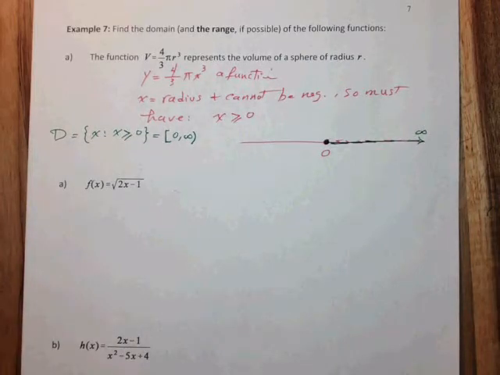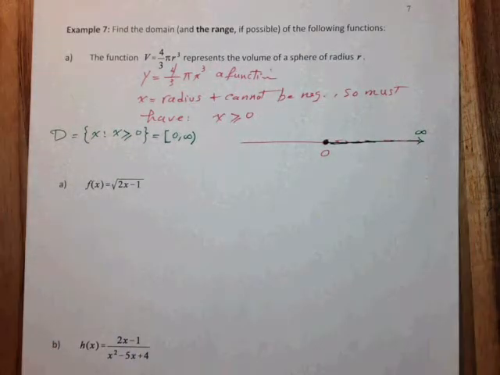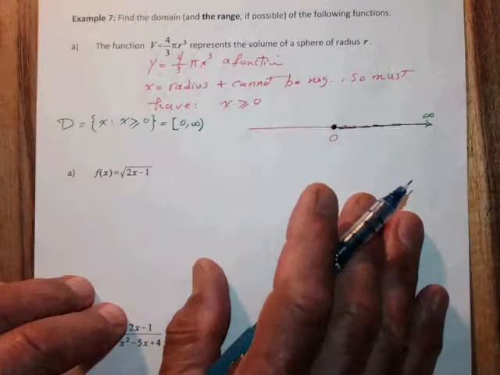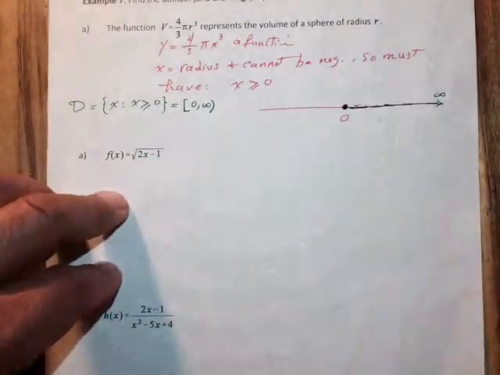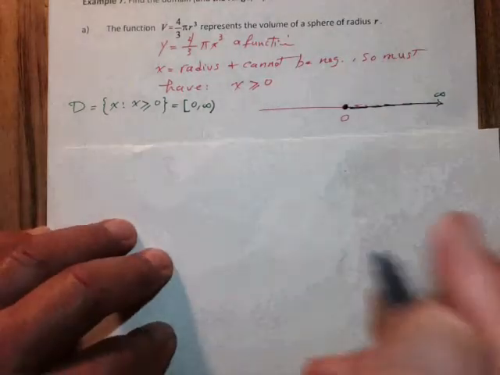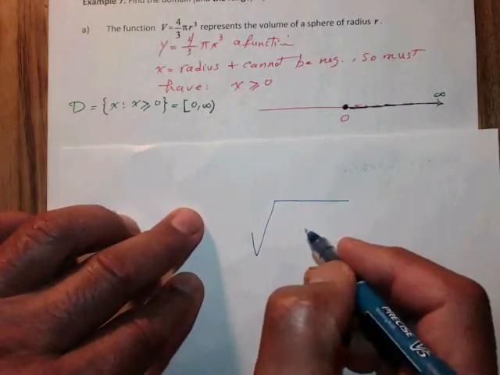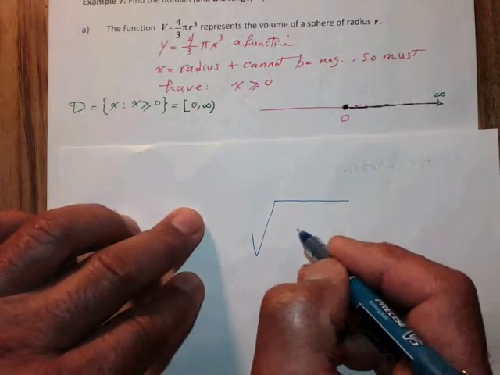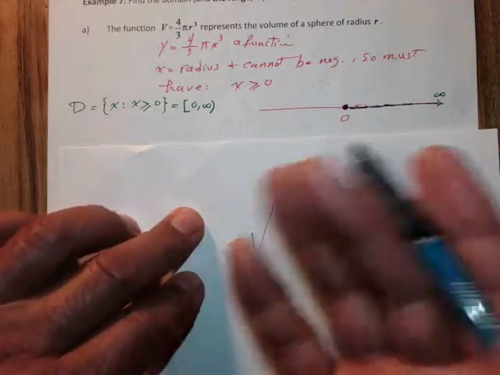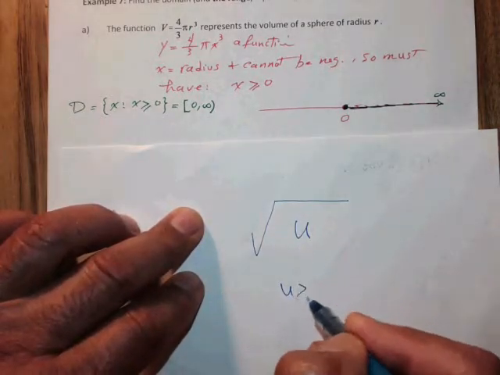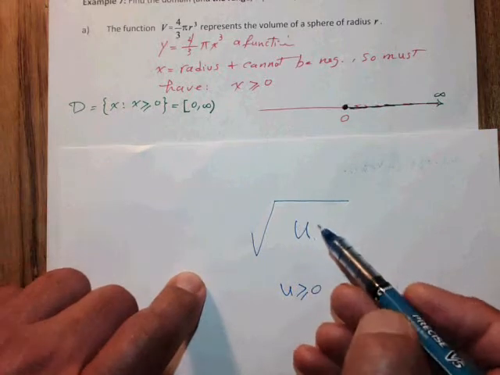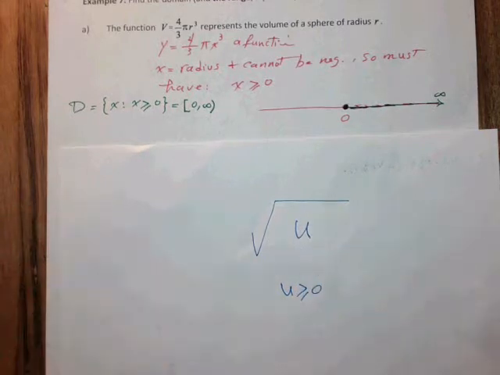The next example is this function, the square root. From a previous class we learned that if I have a square root and a number u under the square root, u has to be bigger than or equal to 0. In other words, you cannot have a negative number under the radical sign.